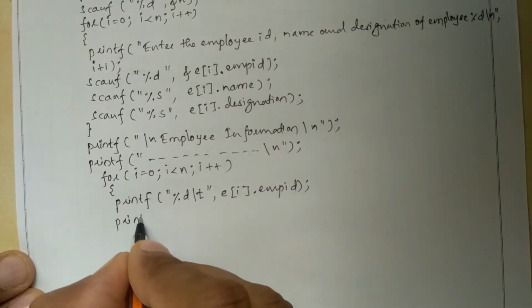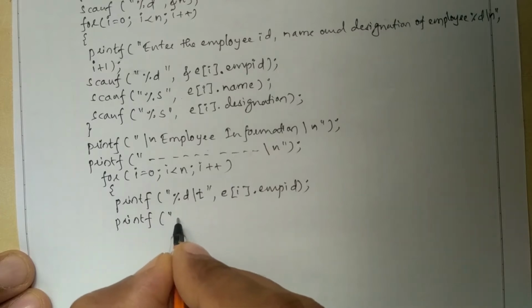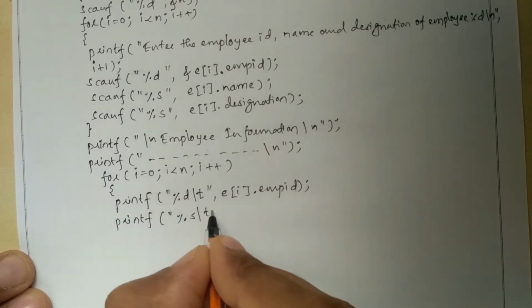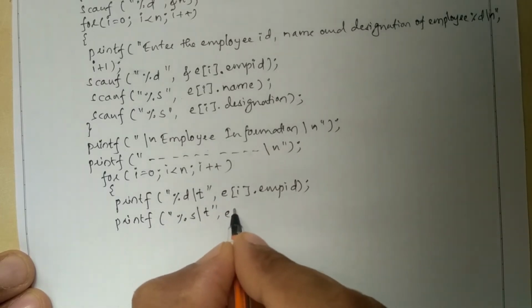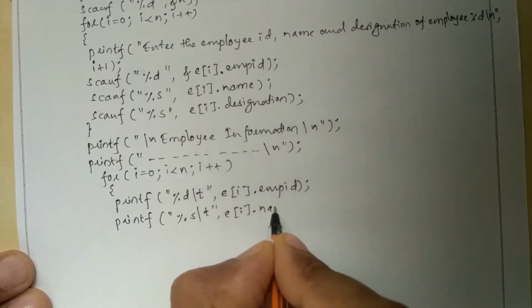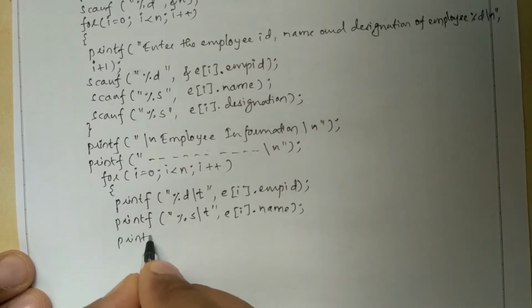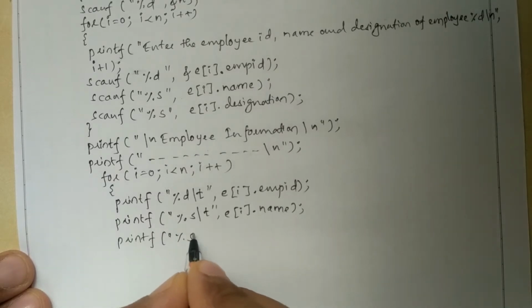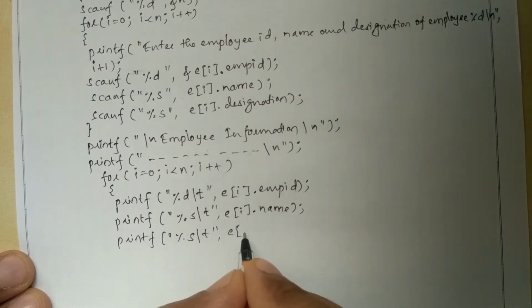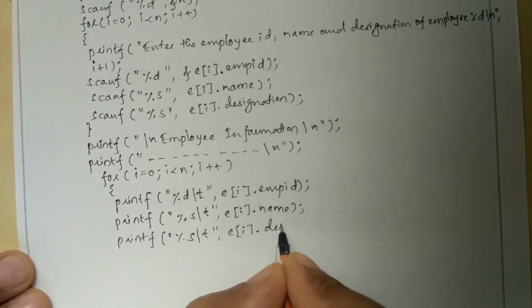Similarly I'm going to print the next member of the structure, that is %s \t tab space comma e of i dot name. Next printf, in a double quotation mark %s \t, end the double quotation mark, e of i dot designation.